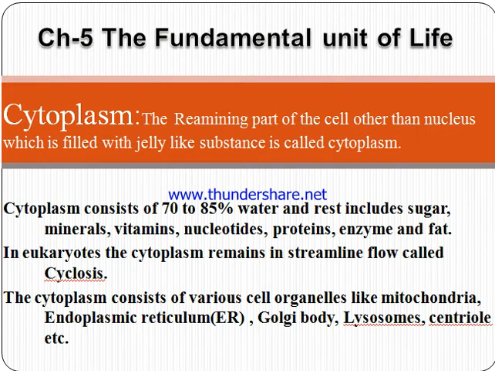Next we come to the very important heading, the third point, the cytoplasm. The remaining part of the cell other than the nucleus, which is filled with a jelly-like substance, is called cytoplasm.